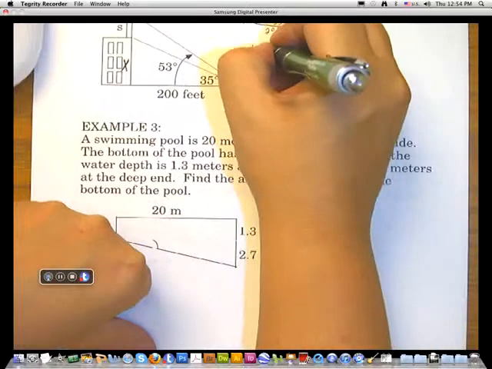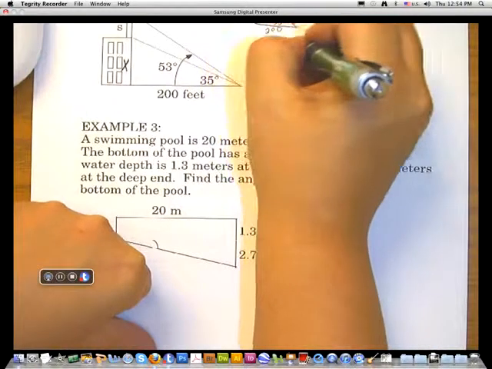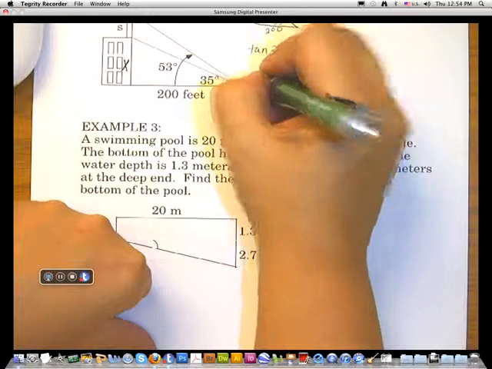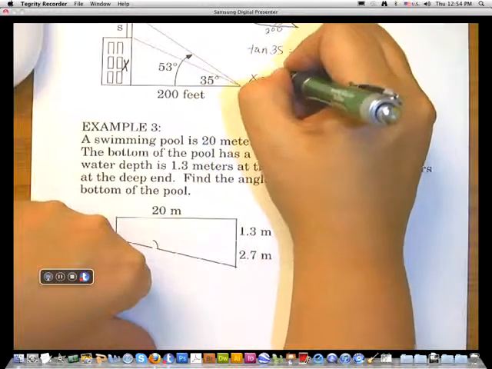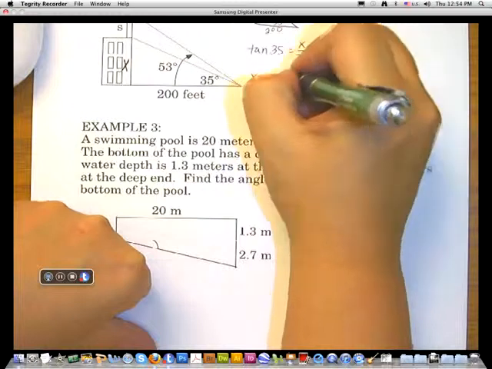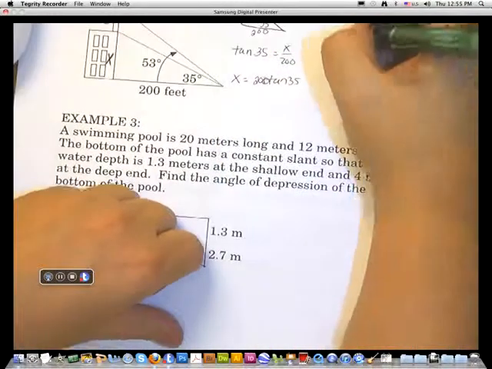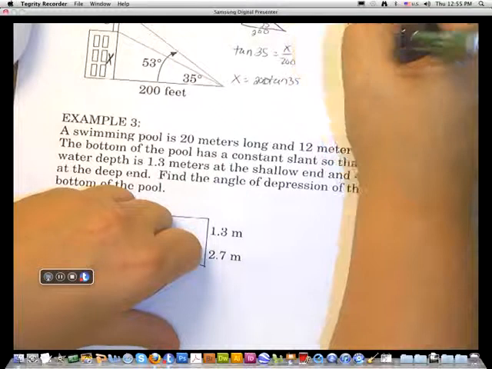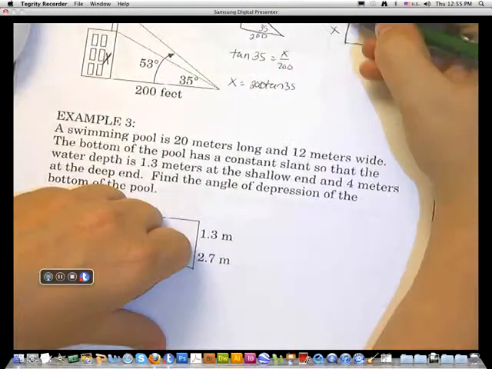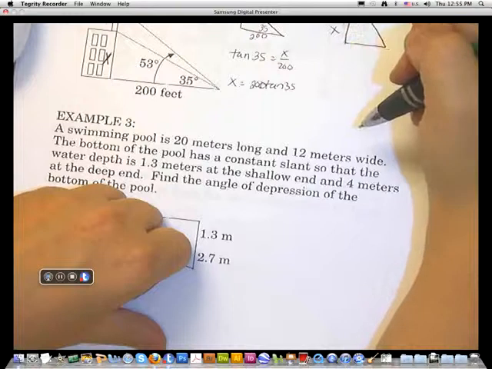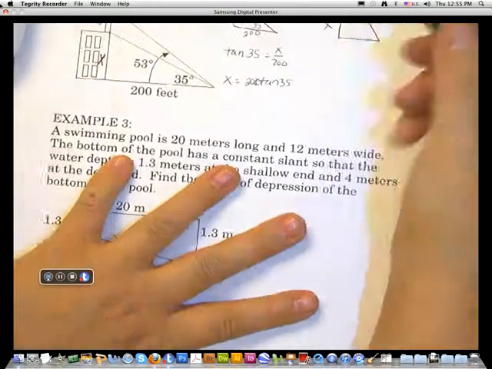So that's tangent, which means I can now find the height of the building, which is good because in order to find the height of the smokestack, I need to add the height of the building and the smokestack.